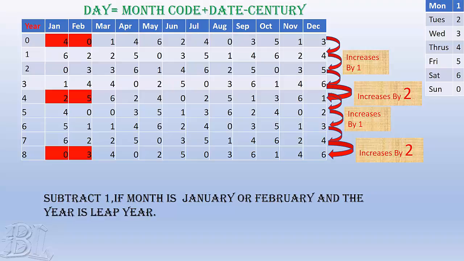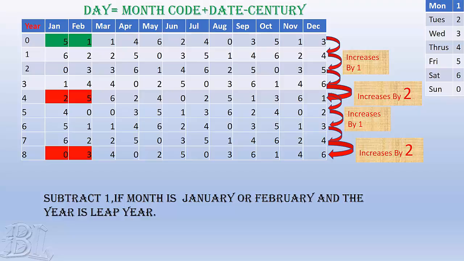To make January and February compatible with the above rule, we state a rule, that is, subtract 1, whenever the month is January or February and the year is leap year, and we add 1 to the codes marked in red, as shown.